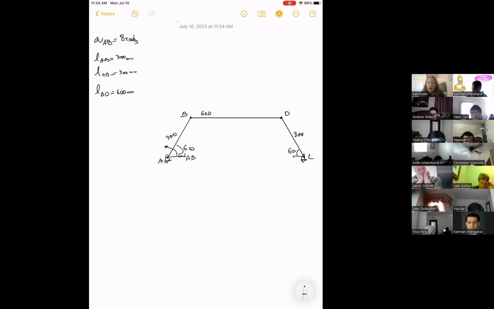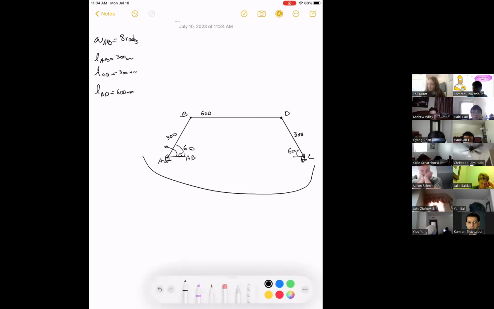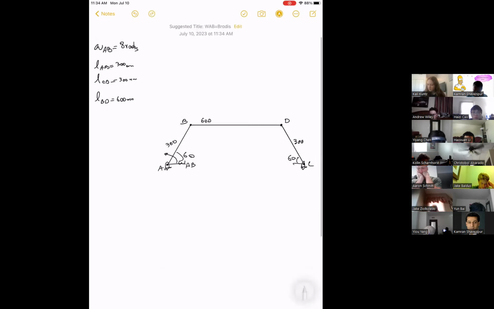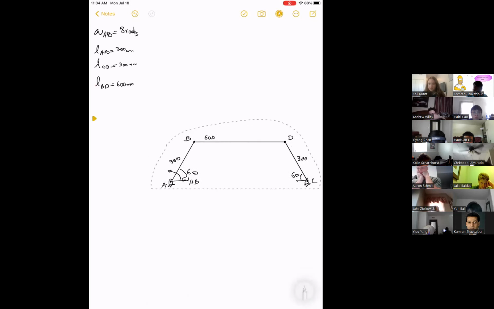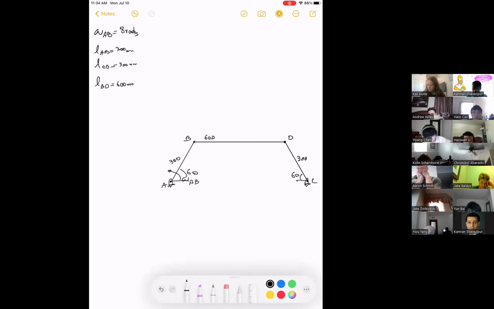Okay. Now, can I find velocity of B using link AB? Yes or no? Someone say something. Can I find velocity of B?